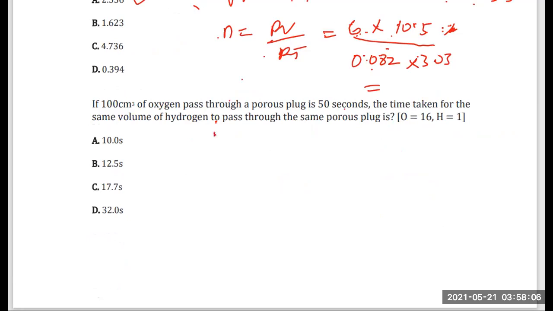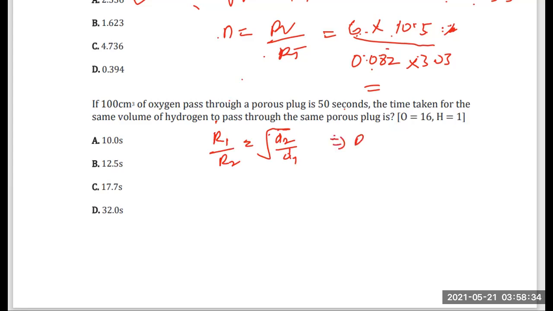In Graham's law of diffusion, we know that R1 over R2 equals the square root of the vapor density, D2 over D1. That's Graham's law of diffusion. So in this case, what is rate?